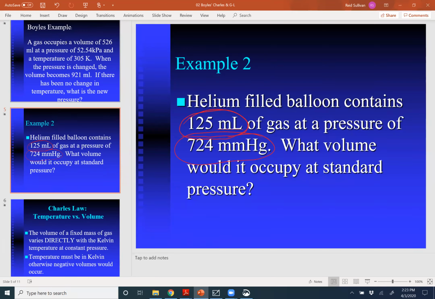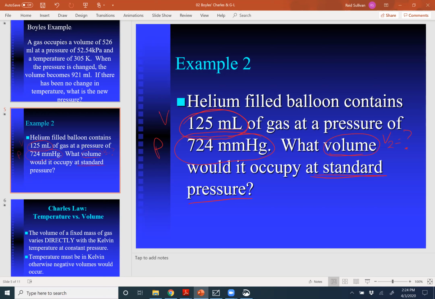In this case, this is milliliters, so that's going to represent a volume. And this is mmHg, which we remember from last time is a pressure. So then it says, what volume would it occupy at what's called standard pressure?